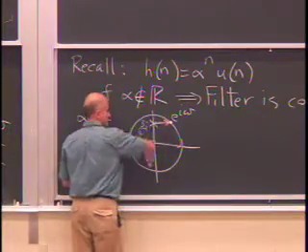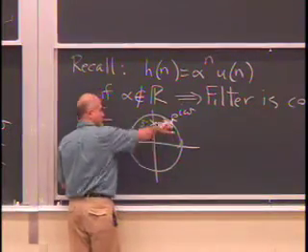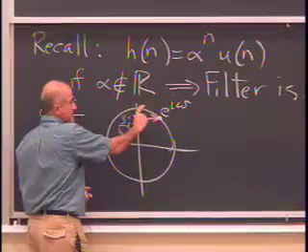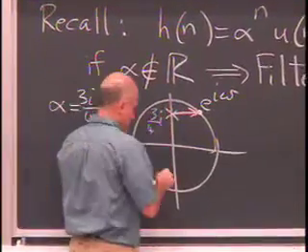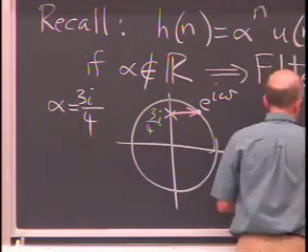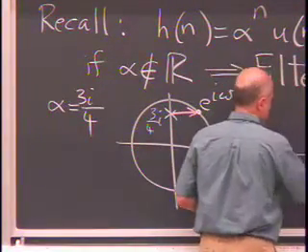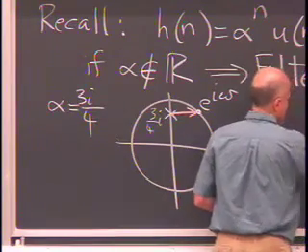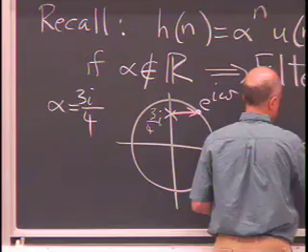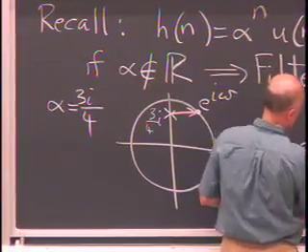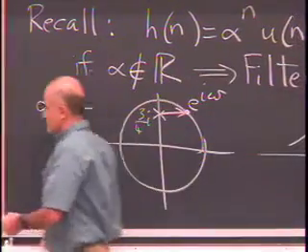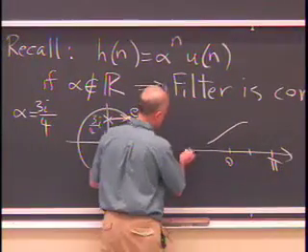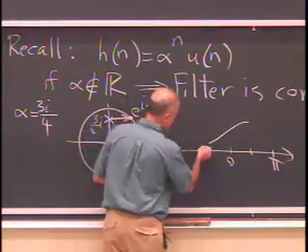As this particle moves around the unit circle, this red vector has minimum length at pi over 2. So when you plot the magnitude response, this is 0, this is pi over 2, and its minimum is at minus pi over 2.